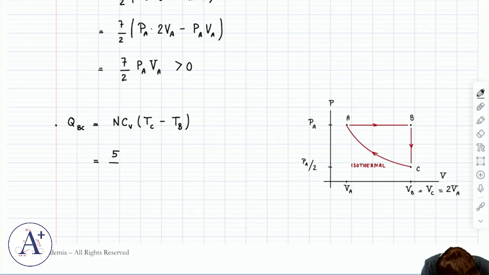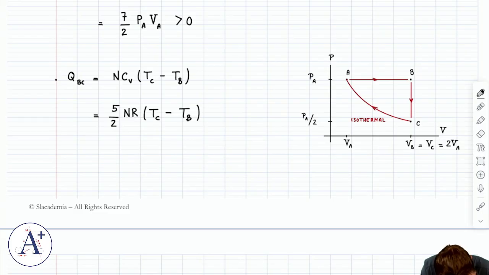So CV is 5 halves of R, so this is 5 halves NR TC minus TB. Okay, so we can go a little faster here. You showed your work in the previous step. We know what's going to happen. We're going to get NRTC, that's PCVC, NRTB, that's PBVB. So this is going to be 5 halves of PCVC minus PBVB.